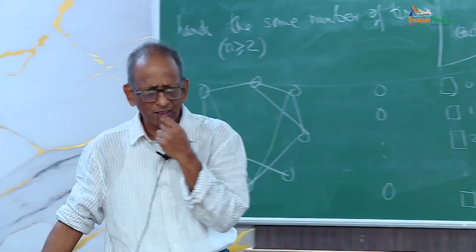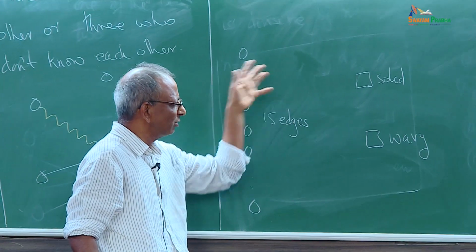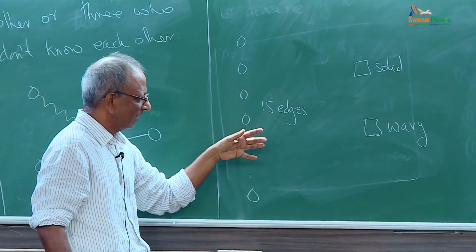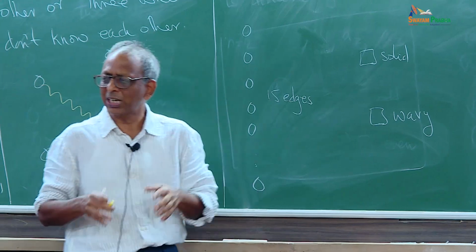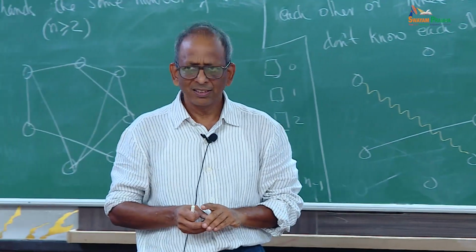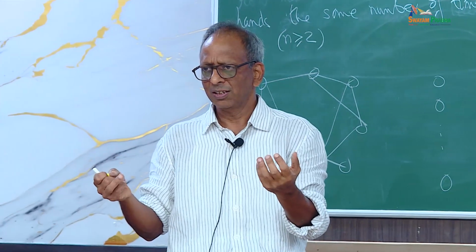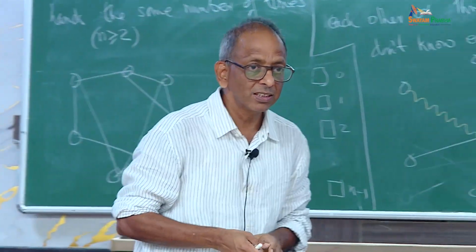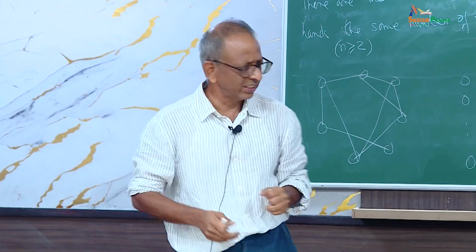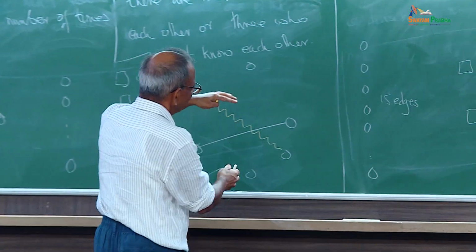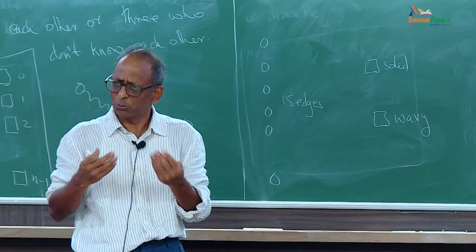Okay, so what do we know? If we have 15 edges and each of them is solid or wavy, then what can we say about edges of the same kind? 15 edges, two types, solid or wavy. There must be at least 6 of the same kind? 7, even more?